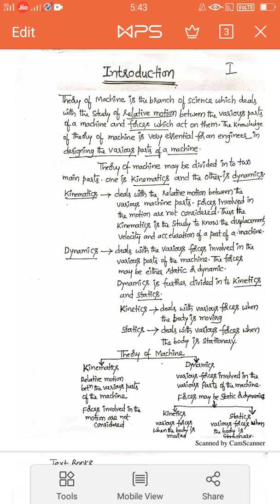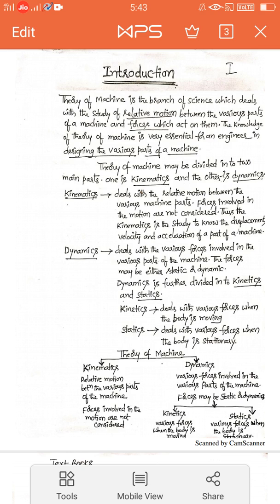We will plot the cam profile graphically with the different followers whenever they are undergoing the different motions.